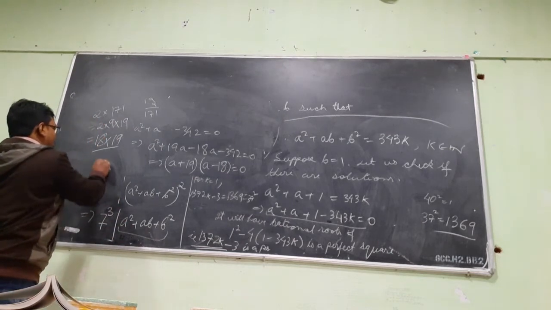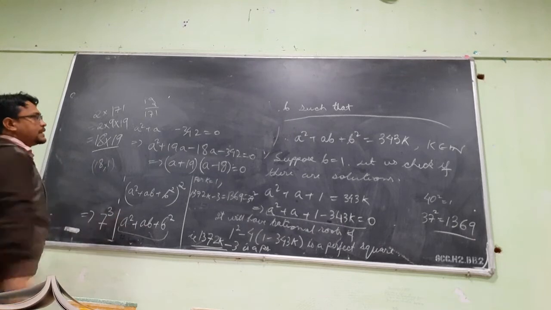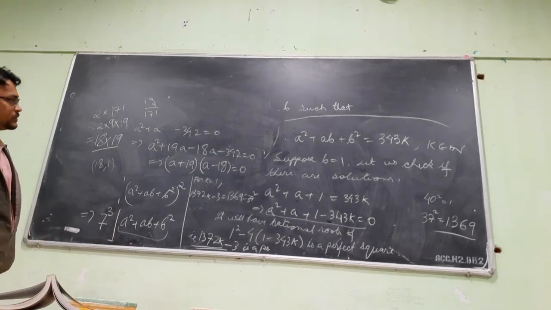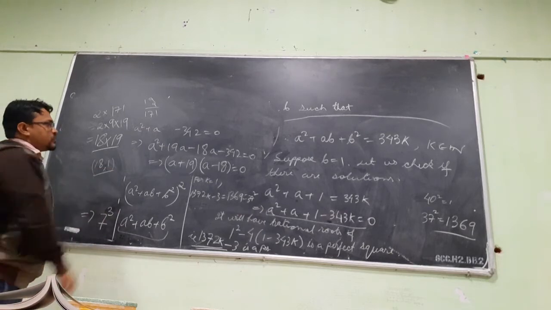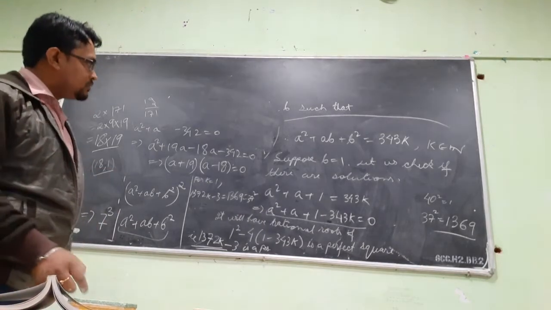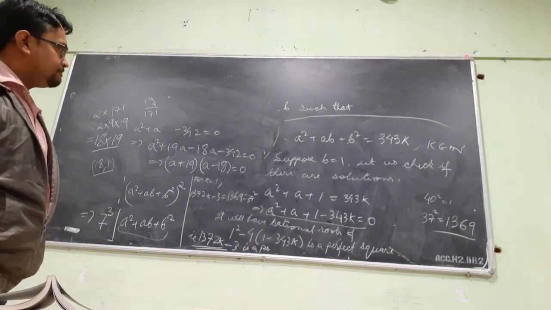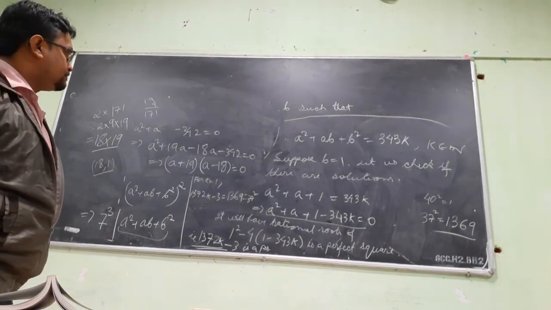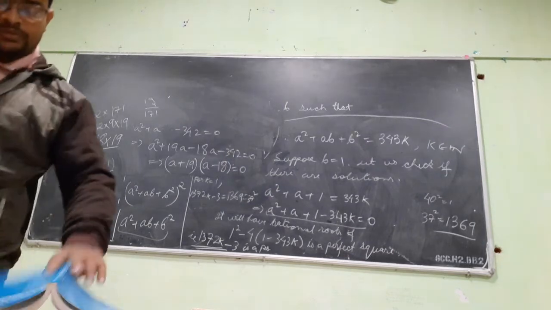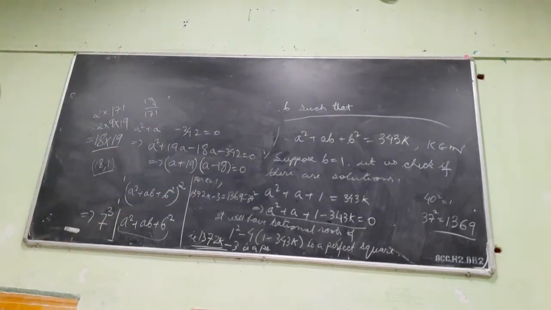So 18 comma 1 is one of the possibilities. This is one solution given here, and we can find all other pairs AB that satisfy the conditions of the problem.